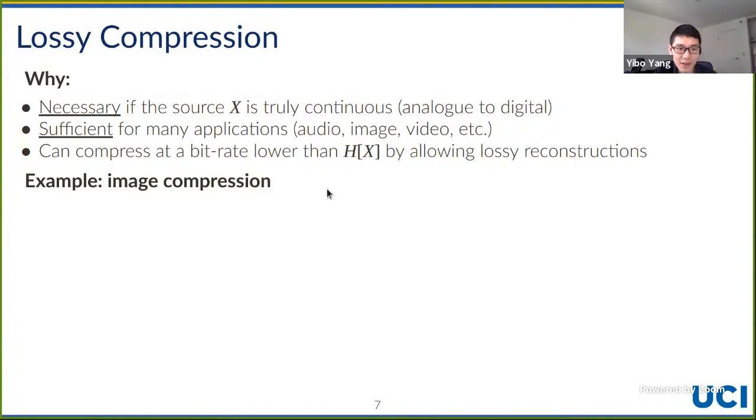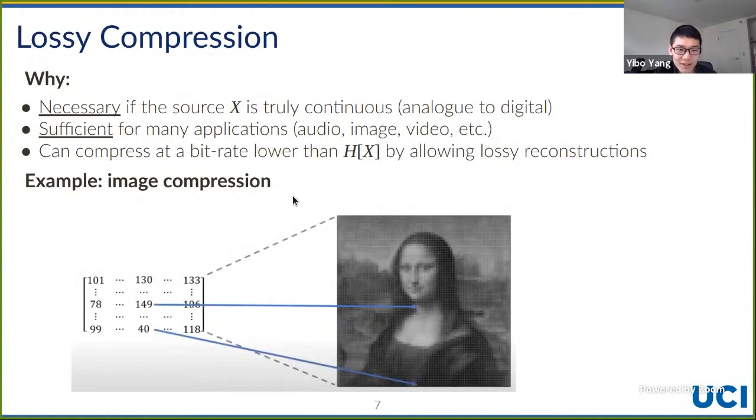So I'm going to just motivate this and walk you through a classical problem of lossy compression, that is image compression. As a bit of background, images are typically represented as a giant matrix of numbers, each number representing a brightness value for each pixel location.